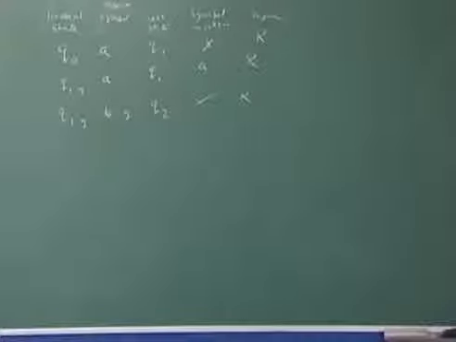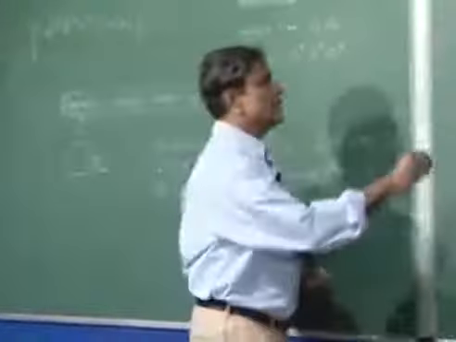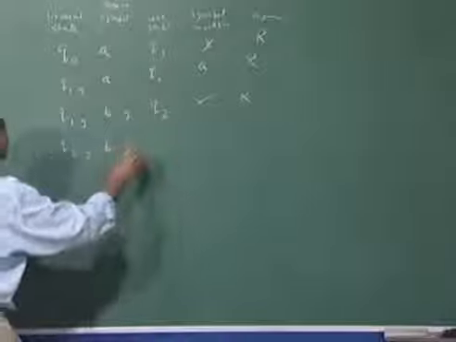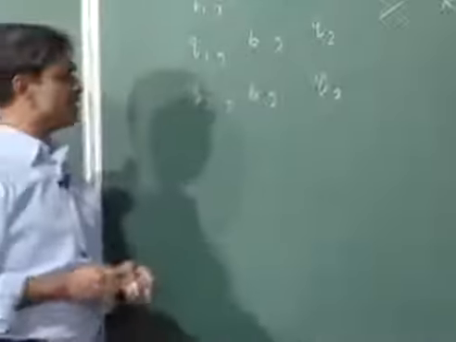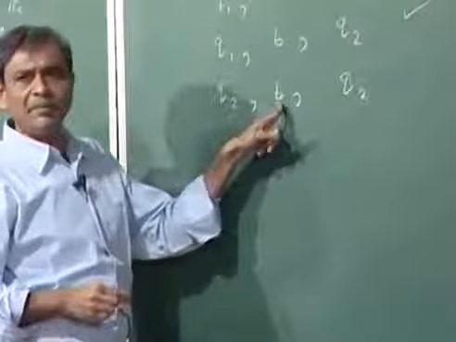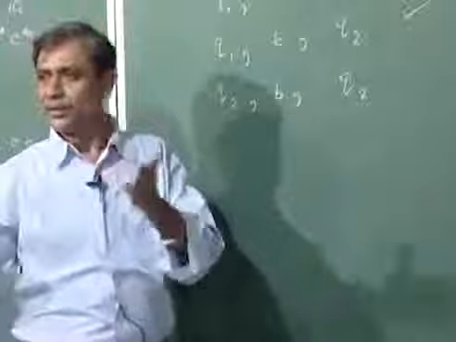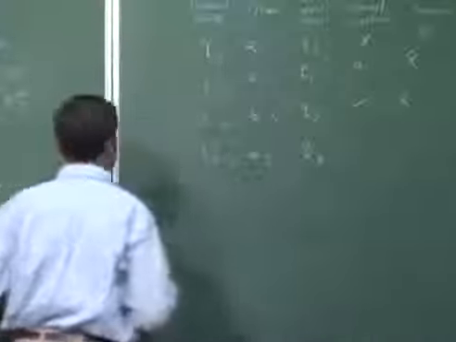Then in Q2 it will see maybe more B's. It should not change state by seeing a B, because in state Q2 what you are looking for is a C to correspond to the A which you have crossed.